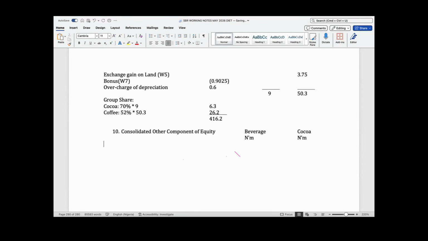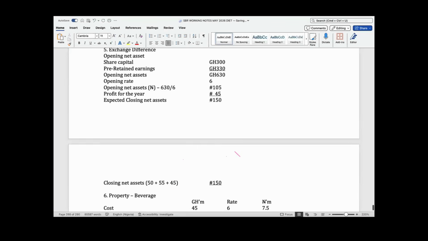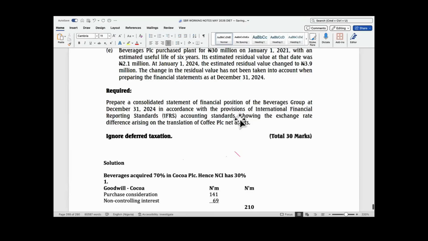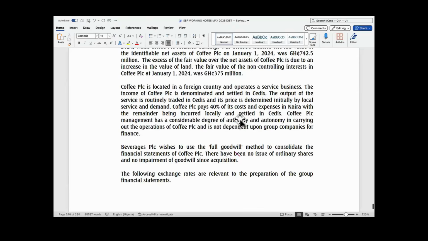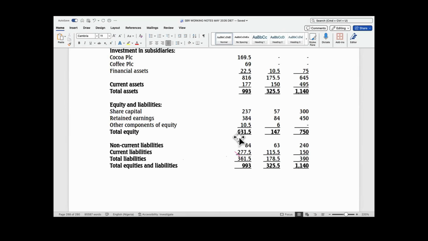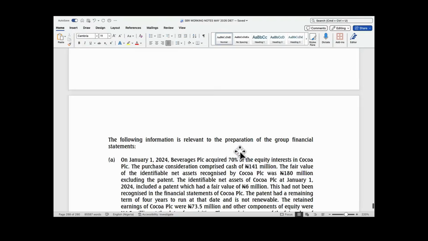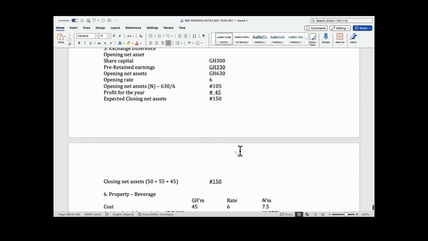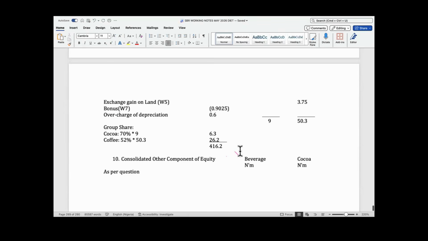As per the question, which is at the end, under equity and liabilities, beverage had 10.5, cocoa had 6.